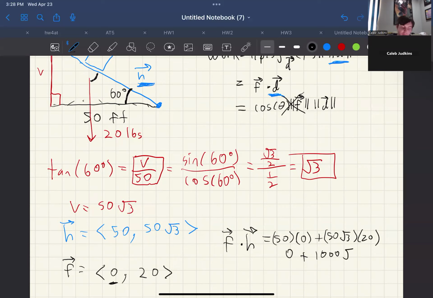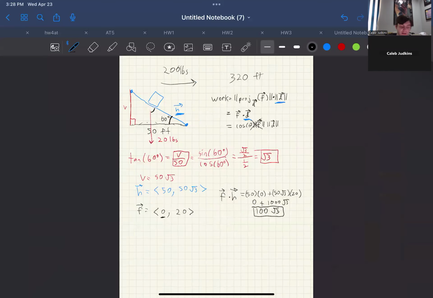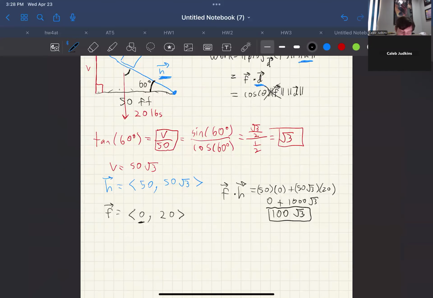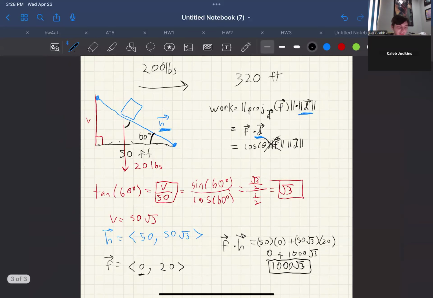So, yep, 1,000 root 3s. So the work that has been done is 1,000 times the square root of 3. That is the number that we get in the end.